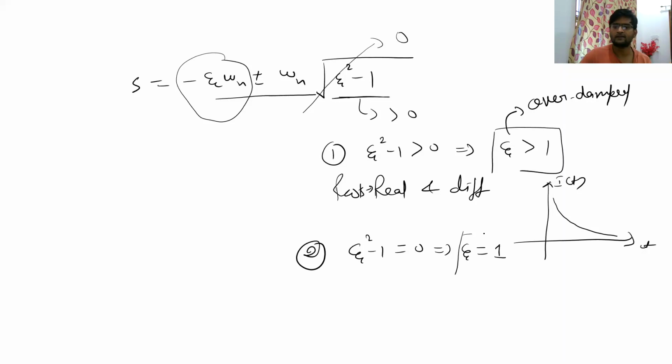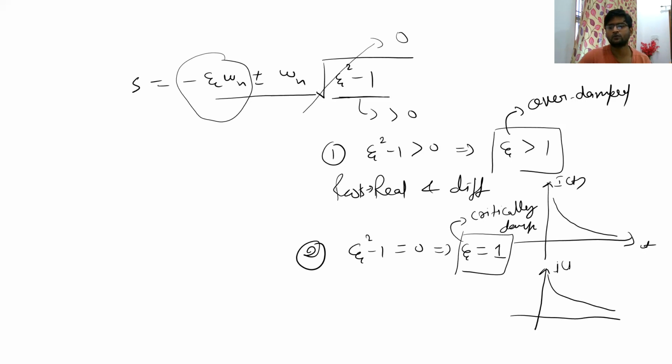This particular case is called critically damped. In this case also, our current response is going to be exponentially decreasing. So whether it is overdamped or critically damped, our response is exponentially decreasing, and we are not going to see any oscillations in the circuit.